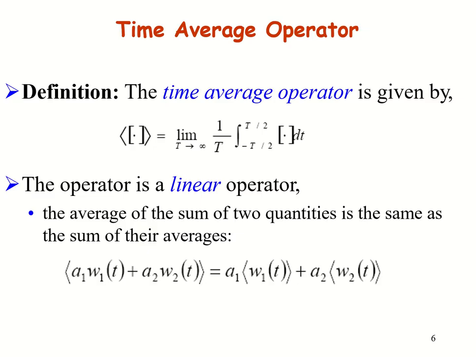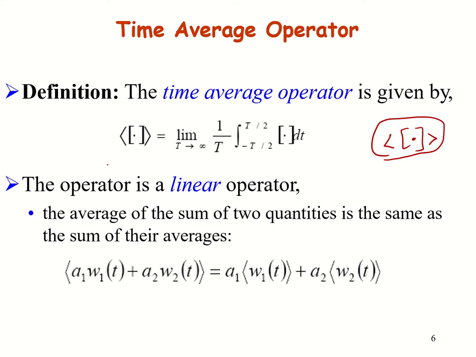The first characteristic of the signals we can obtain using the time average operator. The time average operator is usually represented using these brackets, with the parentheses and a dot inside. So this represents the time average operator. We use the time average operator for the calculation of the DC value of the signal.